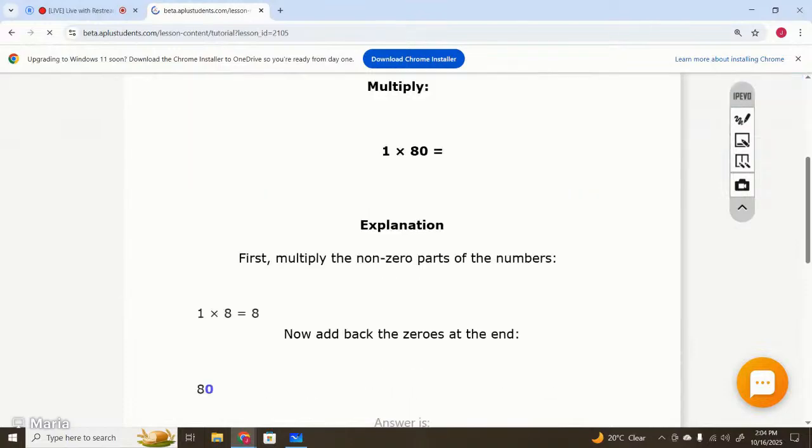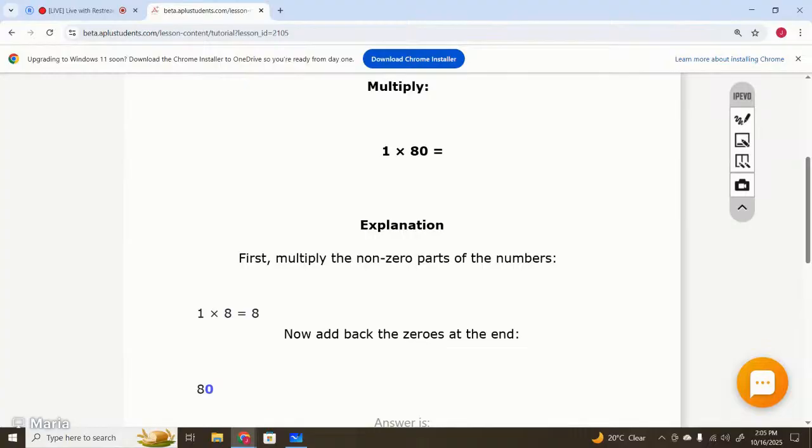1 times 80. When you multiply a number by 1, it is exactly the same number. So whatever number it is, the number stays the same.